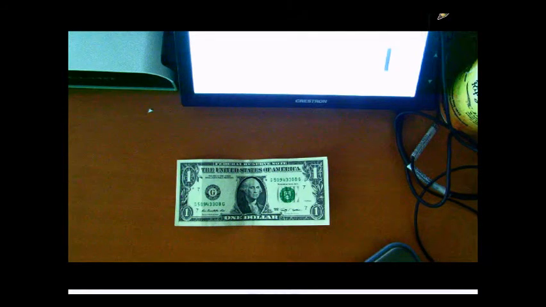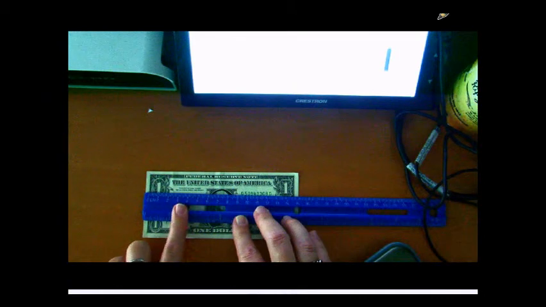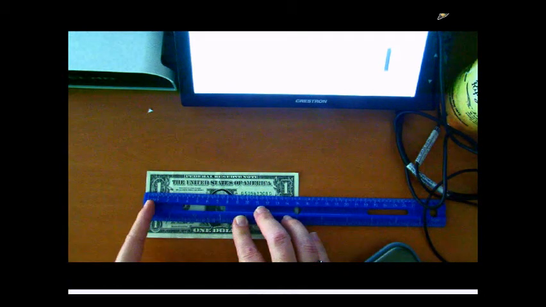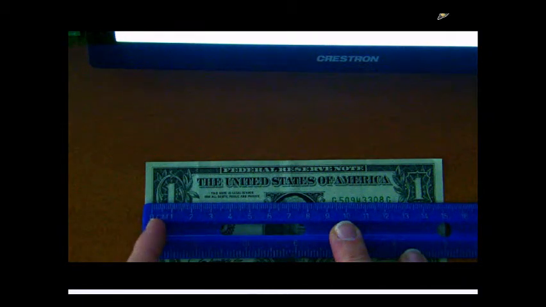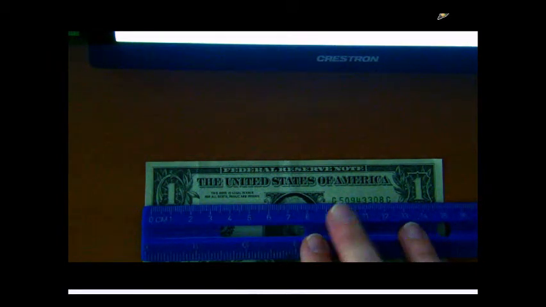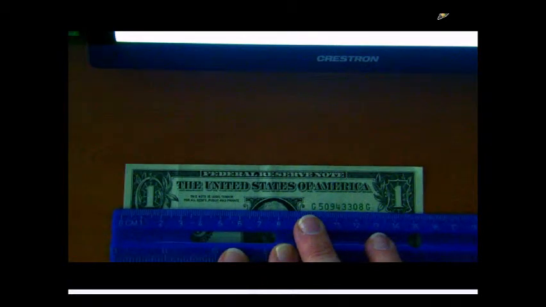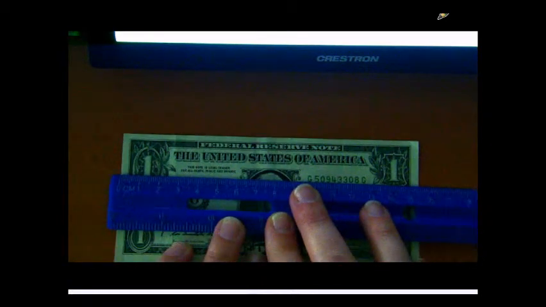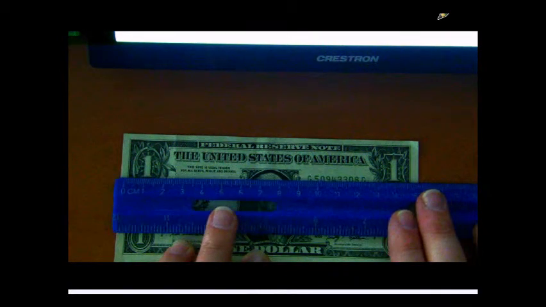What people get wrong when they're measuring is they line up whatever they're measuring with the very edge of the ruler, like that. But if you look, my 0 centimeter is here, not here. So when you're measuring for accuracy, you want to line up to the 0. Instead of the end of the ruler, you want to line up with the 0.